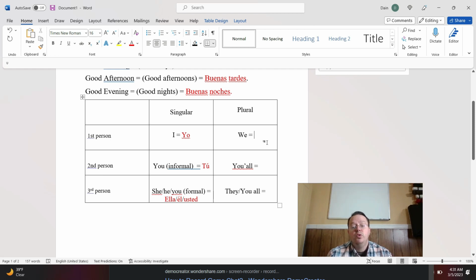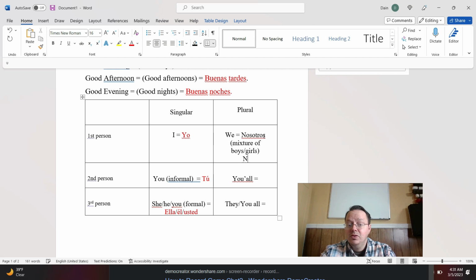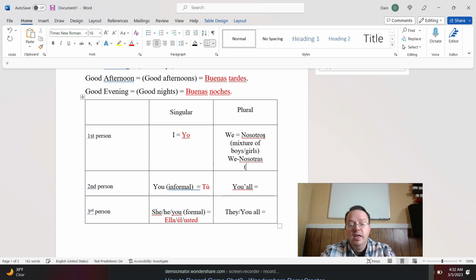So we have the word we. For we, it's nosotros. And this is a mixture of boys and girls. Or nosotras. So we have we, nosotros, nosotras. And this is only girls.